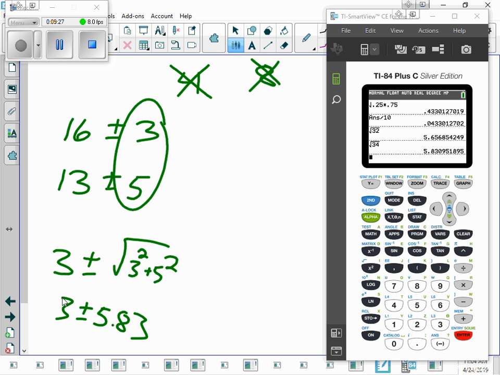The people who don't take the new pill get 16 plus or minus 3. And the people who do take the new pill report 13 plus or minus 5. So the difference is 3 plus or minus 5.83, and we can use that number to figure out, did it really help or not?